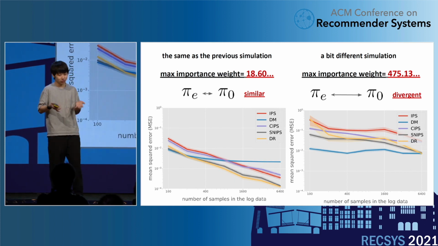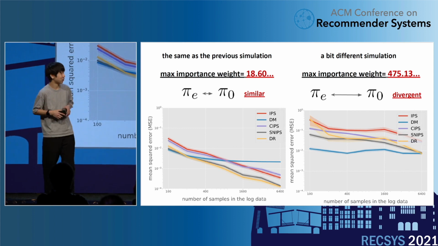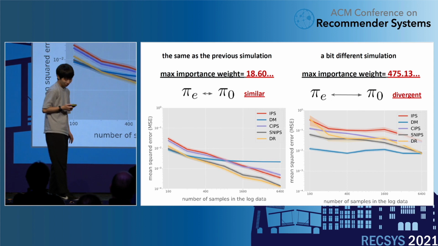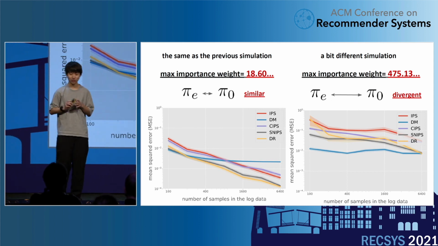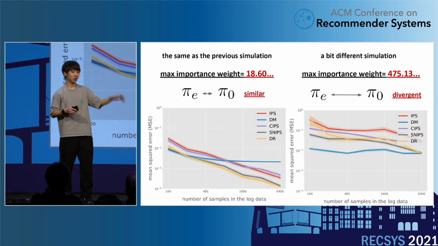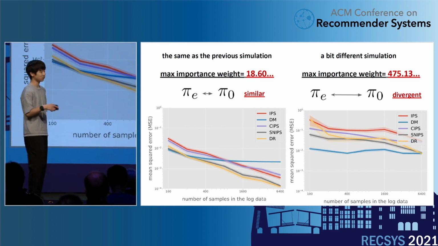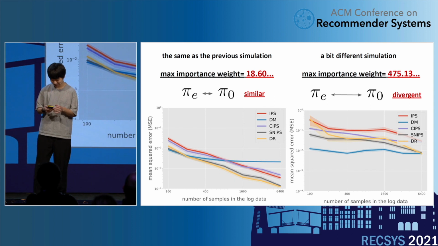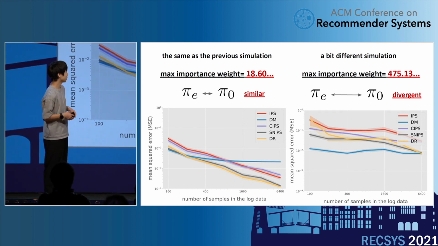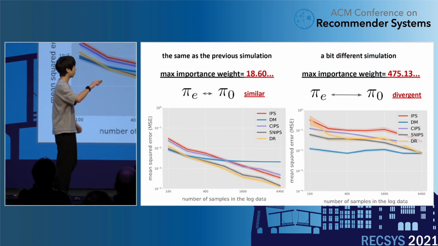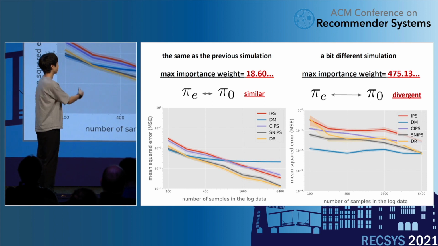The divergence between the 2 policies, the evaluation and logging policies, is now measured by the maximum importance weight. The importance weight is just the ratio of the 2 policies, pi e over pi 0, which is used in, of course, IPS. And the maximum importance weight is simply the maximum observed importance weight in the log data. The larger the maximum importance weight, the more different the evaluation policy is from the logging policy.